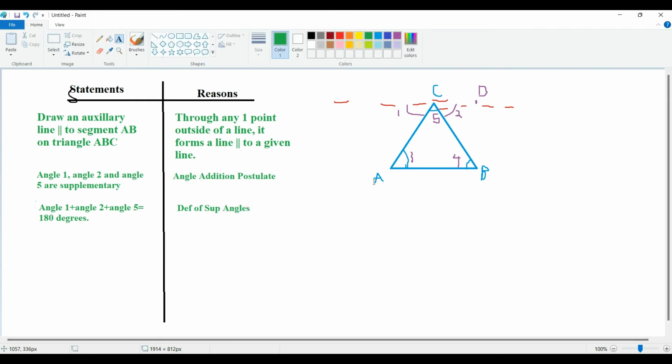So after that, let's extend these lines further. Let's extend this blue one, put this line right here and extend it, and let's also extend this line over here.